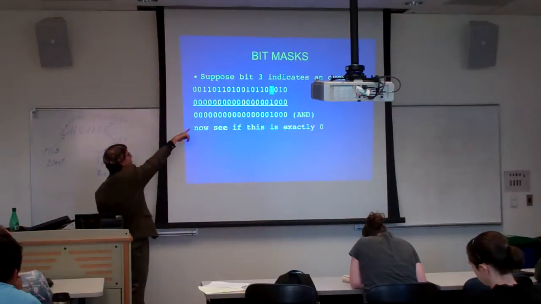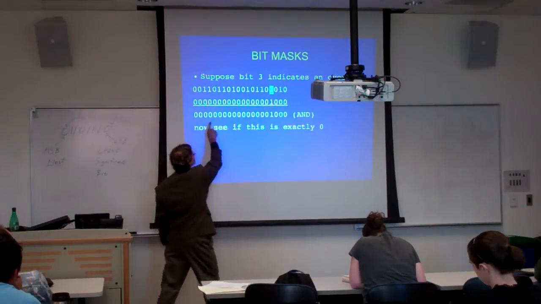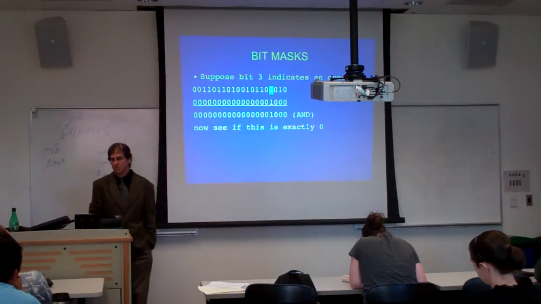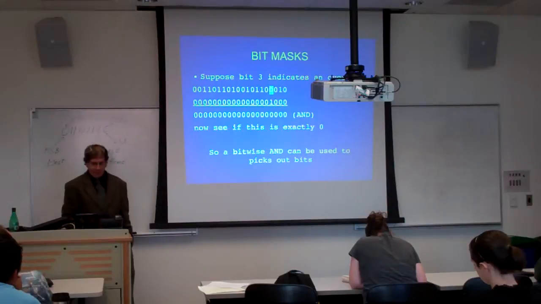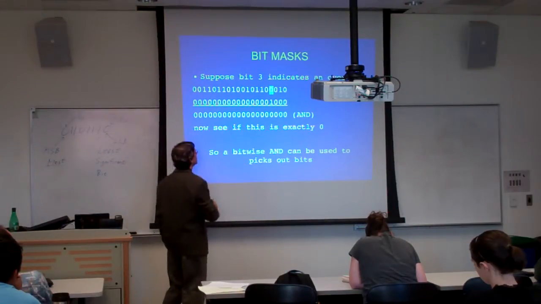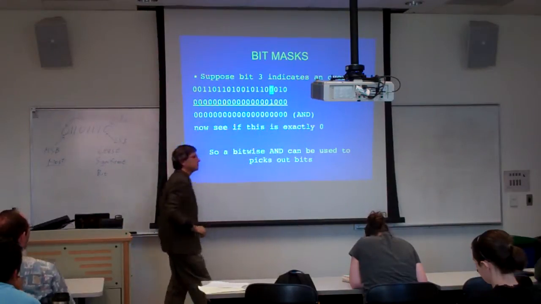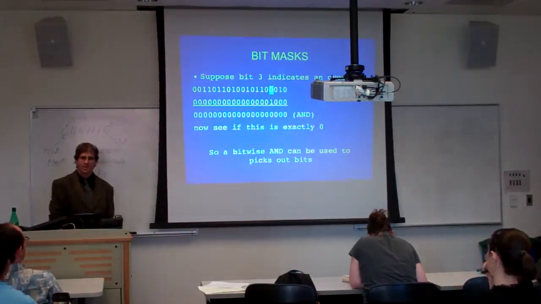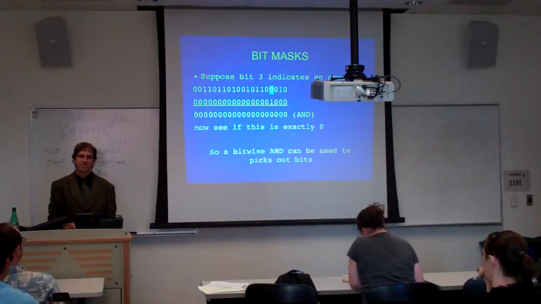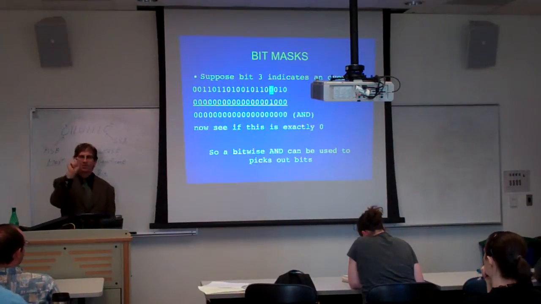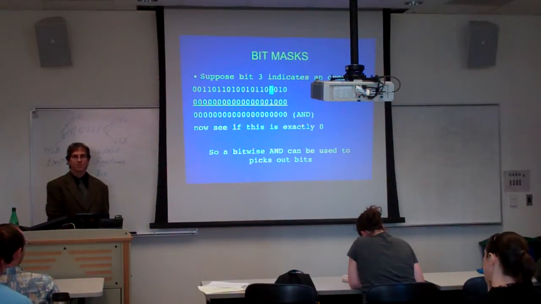In this case, the 4th status bit was a 1, so this is non-zero, and you can say there was an overflow condition. If that overflow bit had been cleared, if it was a 0 originally, then when you do this AND, you get a 0 out, and you can say, the bitwise AND is 0, the overflow flag was not set. So it's an easy way to pull off an individual bit or a set of bits and tell if they were equal to 0 or not.